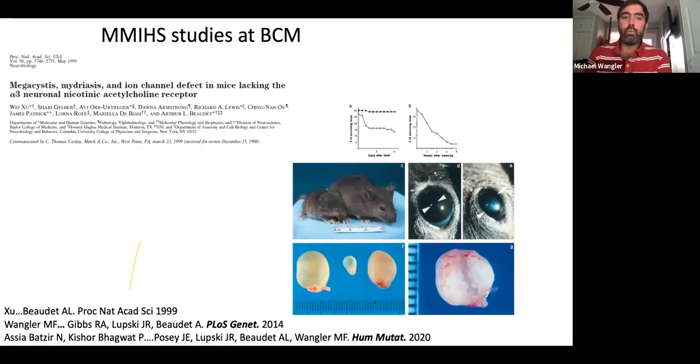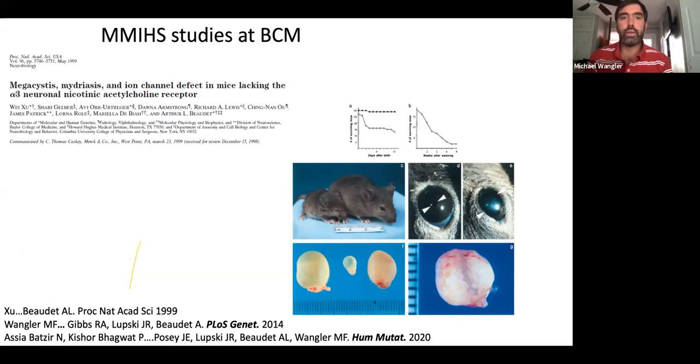So we actually had a cohort at Baylor that was from the late 90s. Our former chair, Art Beaudet, had interestingly made a mouse at Baylor. He was interested in acetylcholine receptors, mainly for autism studies.